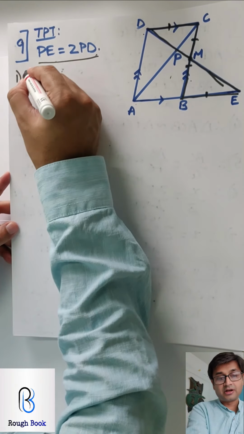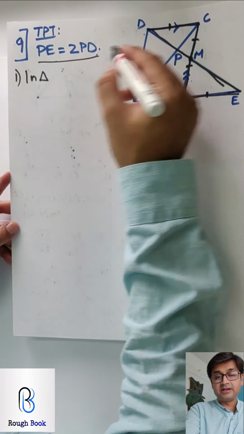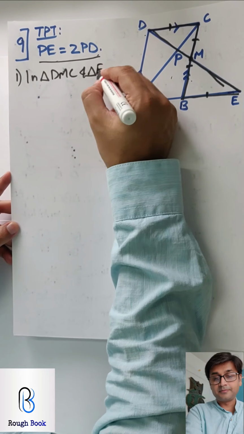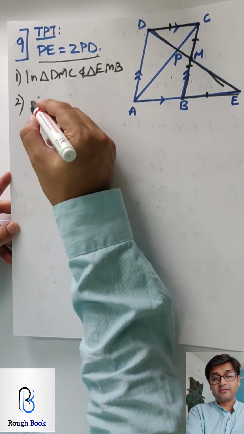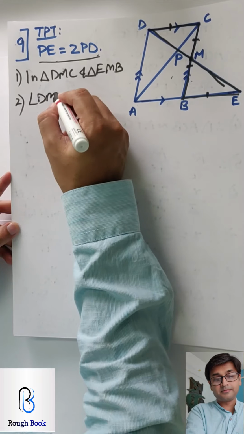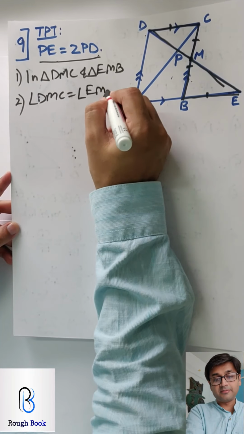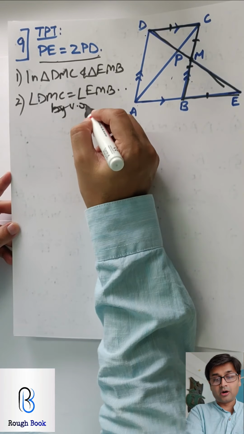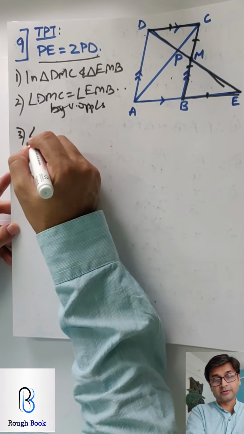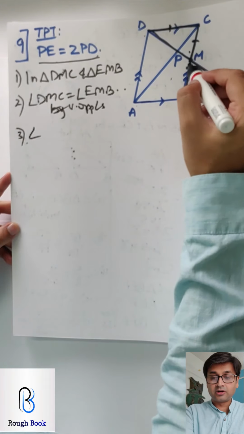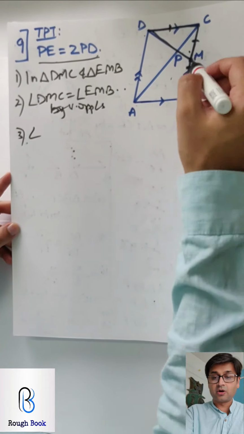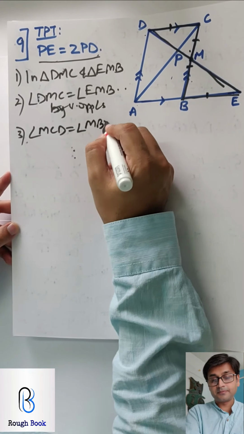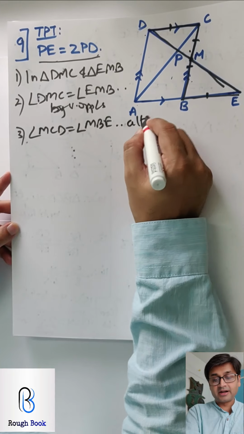Come on, hit it. Number 1, in triangle DMC and triangle EMB, I will say angle DMC equals angle EMB by vertically opposite angles. So I got the first one. Now these two we'll say alternate: angle MCD equals angle MBE, alternate angles.